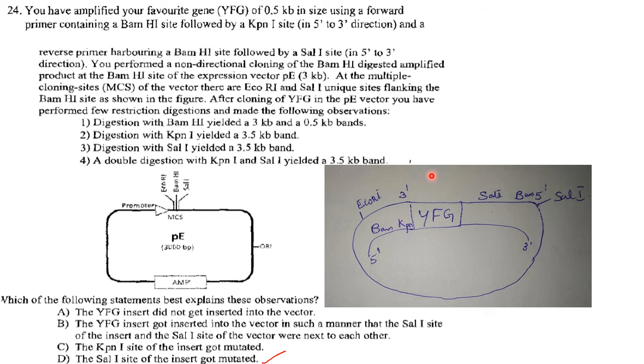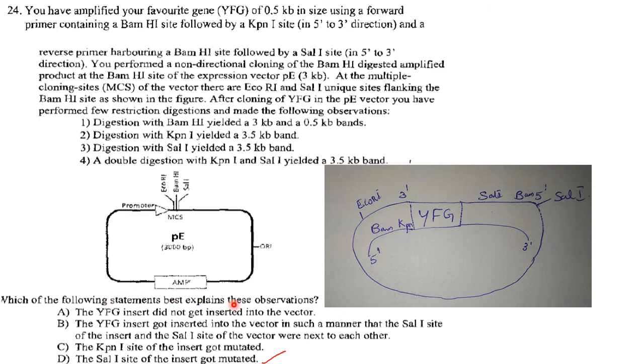So this 0.5 kb approximately would have been released, and then the region between the two SAL1 sites also might have got released. So you would have got approximately 3 bands. So a double digestion with KPN1 and SAL1 yielding a 3.5 kb band is not correct.